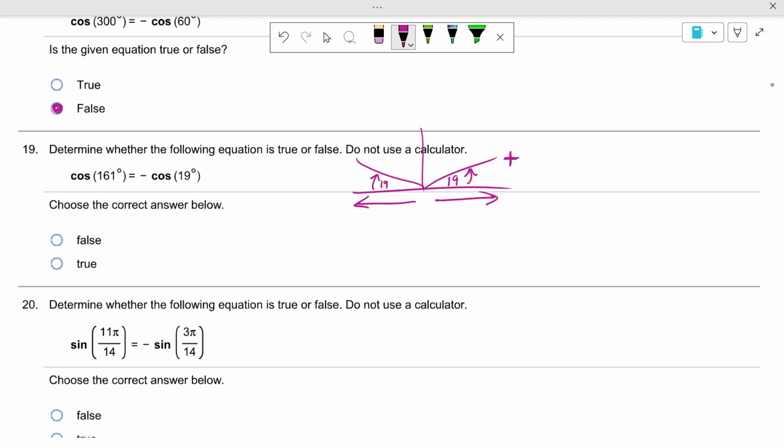Over here we're going to the left, so we are negative. Since they're both 19 degrees, their values of cosine are equal, but their signs are opposite. So this would be a true statement because their signs are opposite. Cosine is negative if we go to the left, cosine is positive if we go to the right. And they're the same values because they're both the same reference angle.